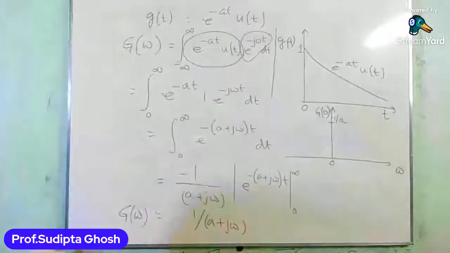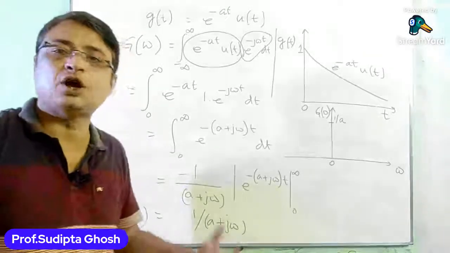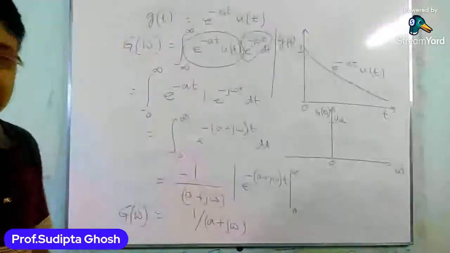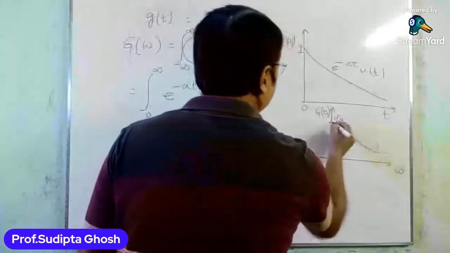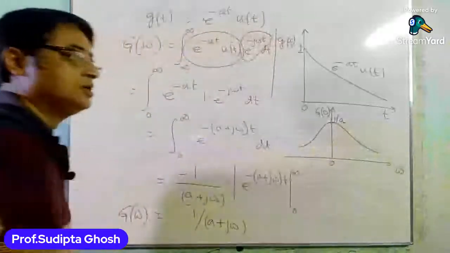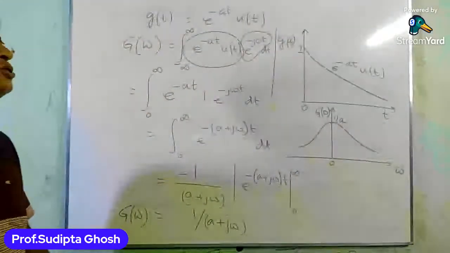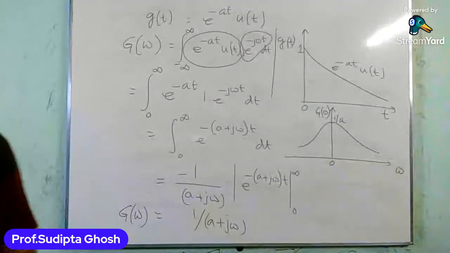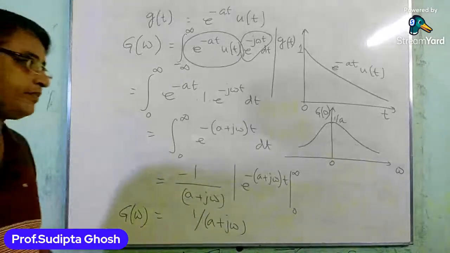Now as we move on either of the two sides of omega, increasing the value of omega, the function g of omega will decrease, and that's why the spectra looks like this. So this is actually the Fourier spectra of the function e to the power minus at into ut. This is the Fourier spectra, right?